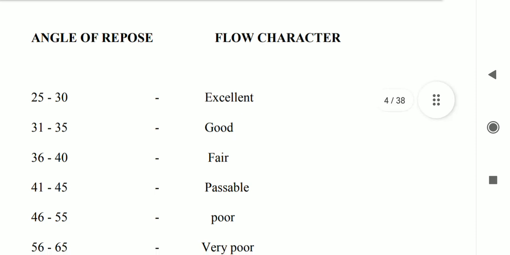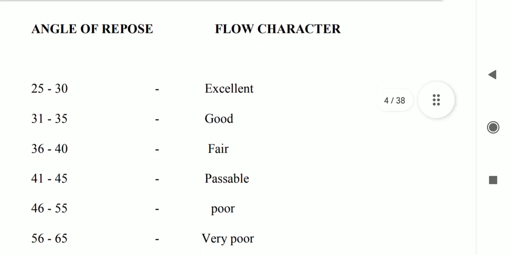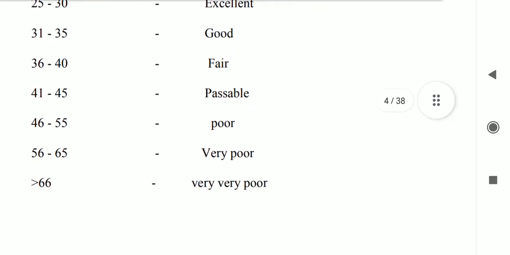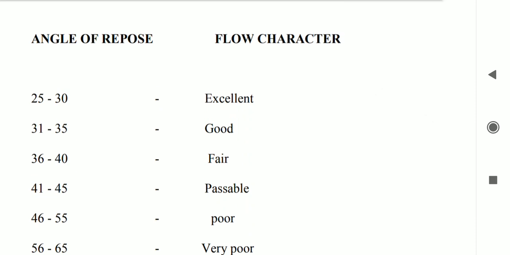Angle of repose and flow character: as we increase the angle of repose, flow character goes down, similar to Carr's index and Hausner ratio. For measuring angle of repose, theta is equal to tan inverse of height by radius. As we increase the height, the angle of repose gets higher, so flow character will be less.